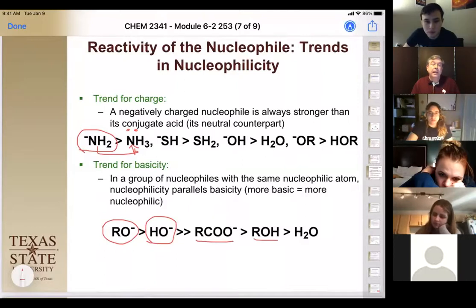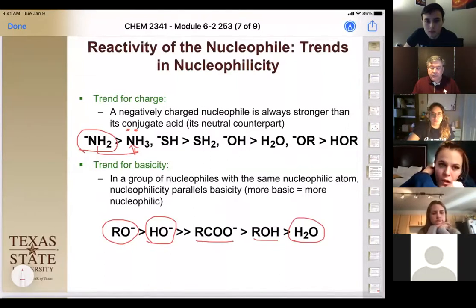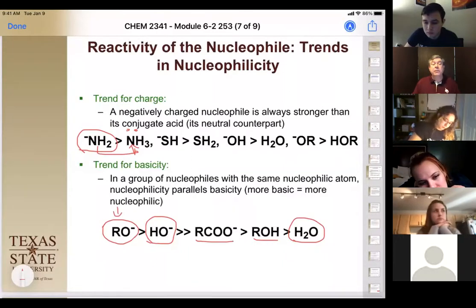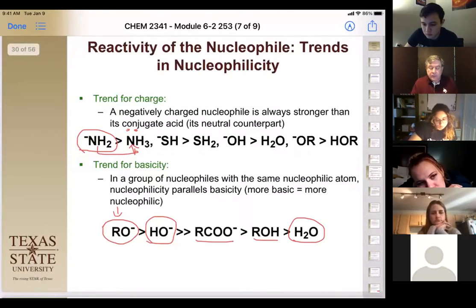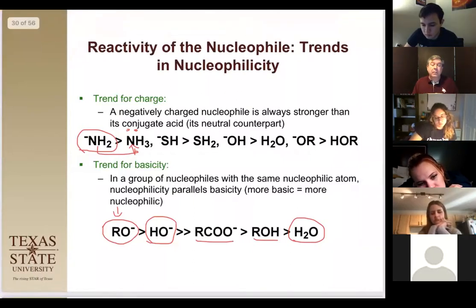This one has a pKa, if it was protonated, around minus something, and this is minus 1.4. So this is going to be our strongest base because it was the weakest acid, and therefore it's going to be the most reactive of our system. Notice this is all with the same atom. We're comparing oxygen to oxygen.